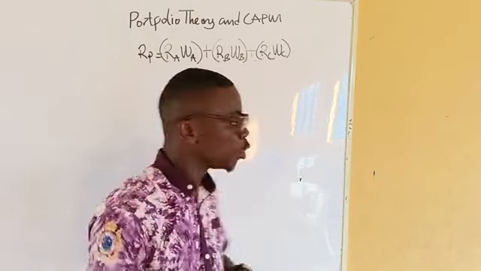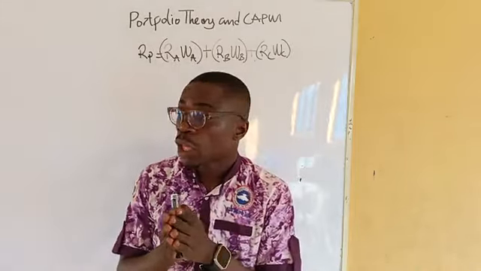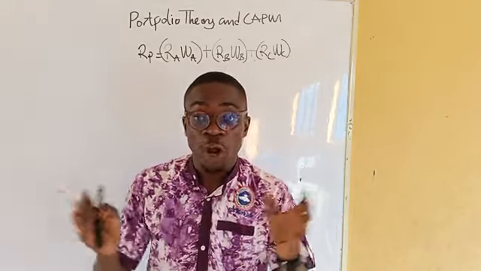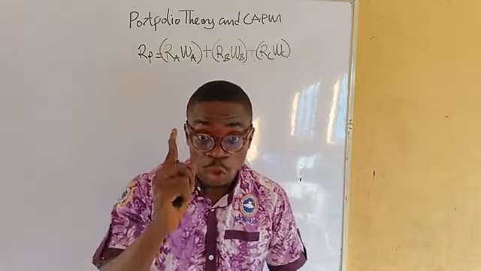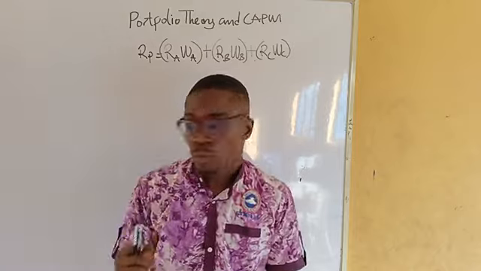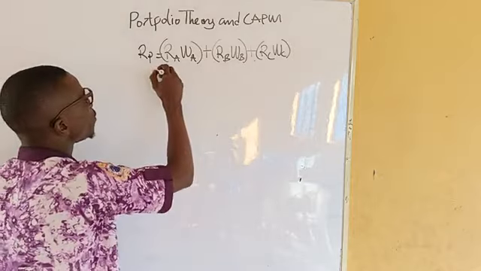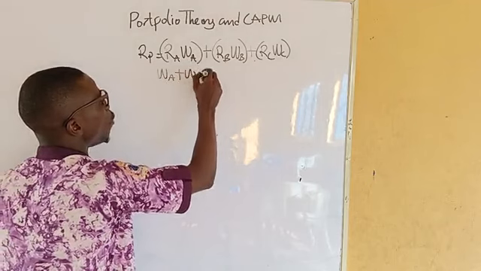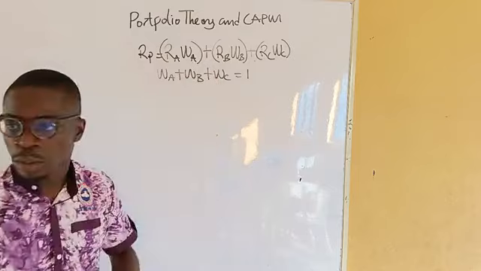Are we together now? Do you know that when you add the proportions of the investment in all the 3 investments, it should be equal to 1? That's 100%. Now, that means we are saying that the weight of A plus the weight of B plus the weight of C is equal to 1.